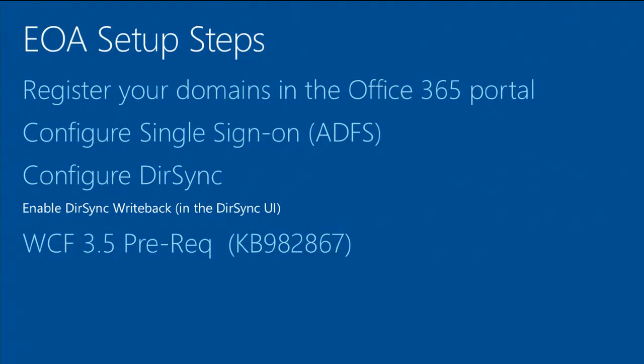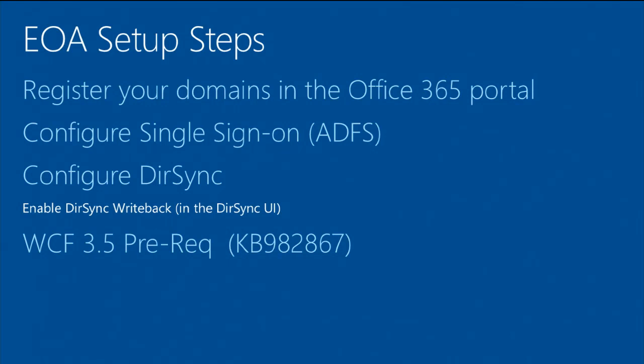Some of the steps that the EDA will walk you through is first, sign up for your Office 365 or Exchange Online archiving account. You register your domains in the O365 portal. You have to provide proof of ownership as part of doing this, which is done through a DNS entry.